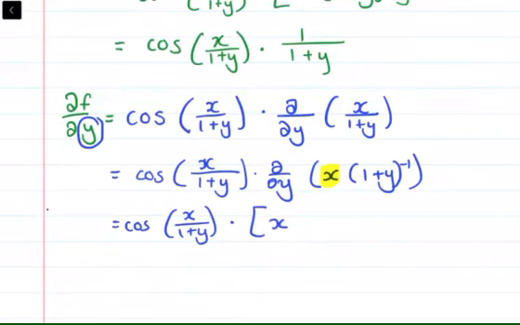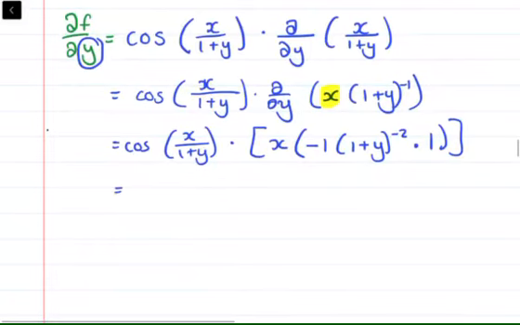We see that here we have to apply the chain rule with the power rule, because our variable of interest, which we are differentiating with, is contained there, which is y. So how do we differentiate this one? It becomes minus 1 plus y to the power negative 2 multiplied by the derivative of the inner function y, which is equal to 1.